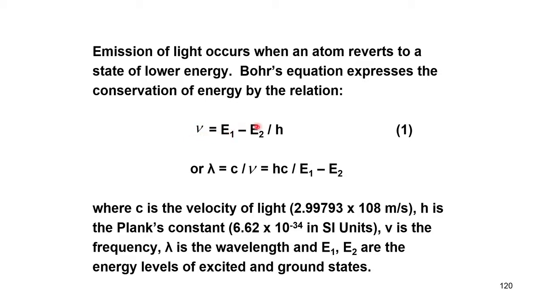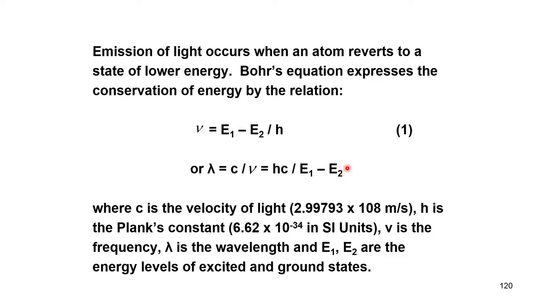You look at this figure, I have written the same thing: the frequency is expressed by the energy difference between the two divided by Planck's constant, or since frequency is related to wavelength, which is a very measurable quantity, for atomic absorption lambda is velocity of light divided by frequency, that is, the wavelength is given by hc divided by the energy difference, E2 minus E1.